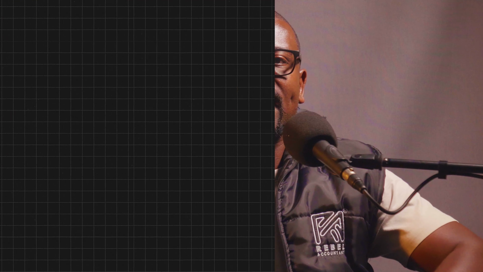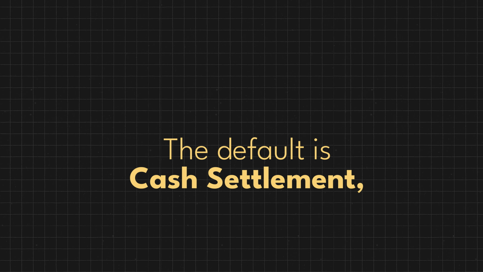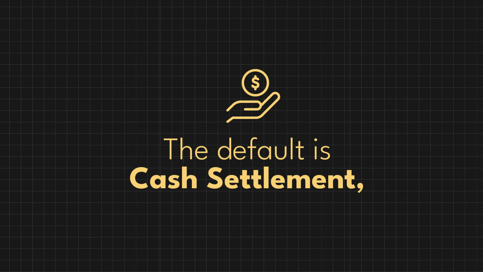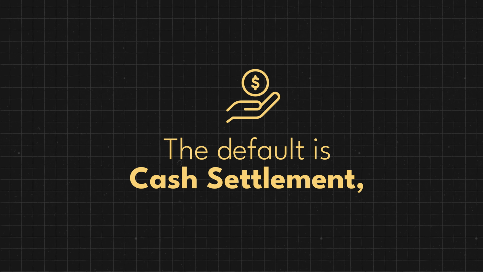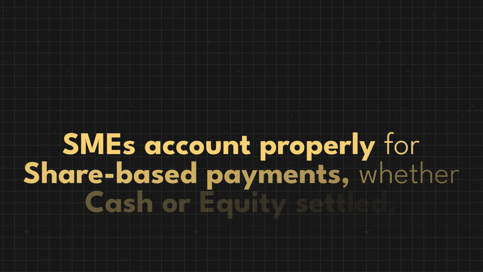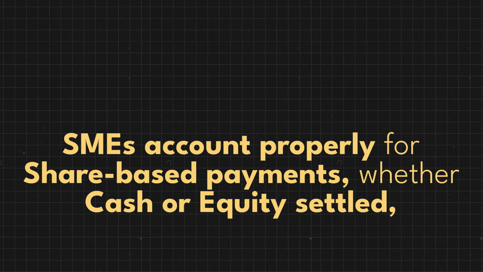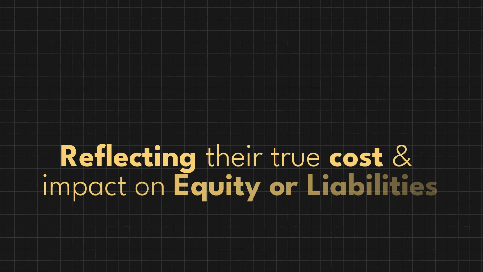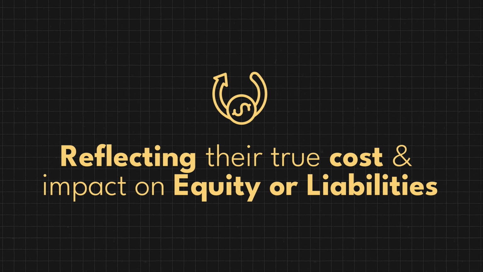If there is a choice between cash or equity settlement, the default is cash settlement, unless past practice or commercial substance indicates equity settlement. Section 26 ensures SMEs account properly for share-based payments, whether cash or equity settled, reflecting their true cost and impact on equity or liabilities.